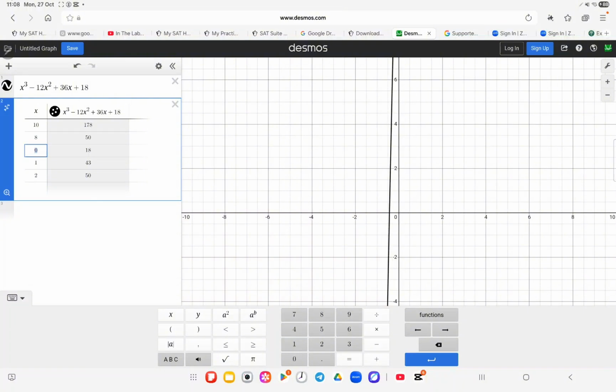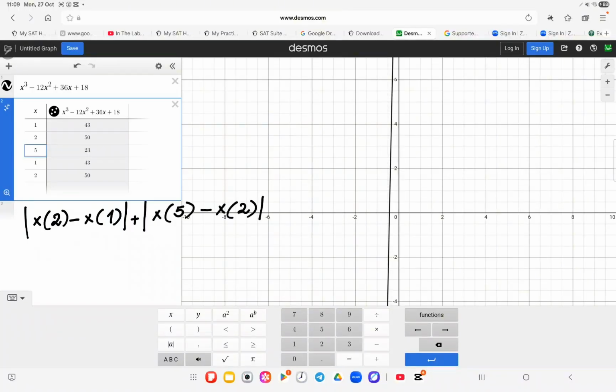So now in Desmos, I'll be asking it for the x of 1, for the x of 2, and also for the x of 5. And I'm going to say we have x of 2 minus x of 1 in the absolute value, plus the absolute value of x of 5 minus the x of 2.